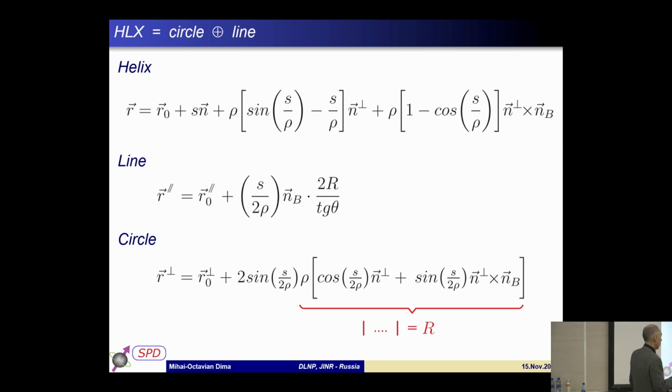For the circle, observe that the norm of this part here is r, the radius of curvature. That means if you subtract r0 from r perpendicular and take the norm, you basically get the sine of this running parameter. Then you take the arcsine, and you have your running parameter here. And you can check the linearity of this formula.